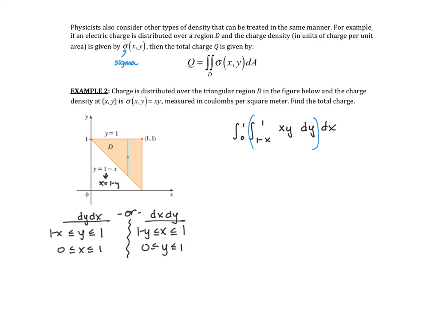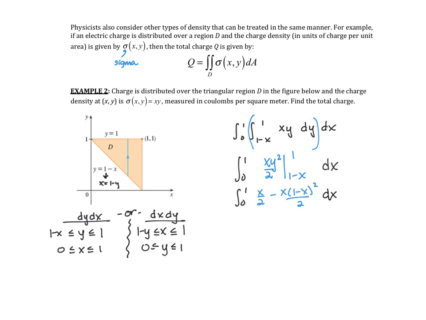All right, when we take the integral of this, I'm going to get x y squared over 2, evaluated from 1 minus x to 1, and that will be in the integral of 0 to 1 dx. So evaluating this first part, let's substitute in 1, we get x over 2, and then substituting in the 1 minus x, we're going to get x times 1 minus x squared over 2, and then that is dx.